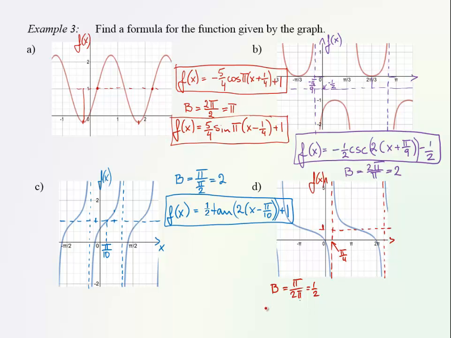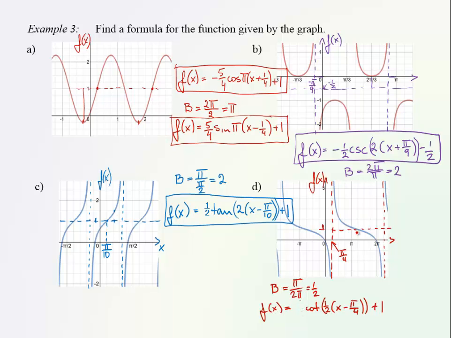So I think we're ready to give the formula: f of x is cotangent of 1/2 x minus pi quarter, possibly with some coefficient here, we will check on that in a second, plus 1. Now what is the amplitude?